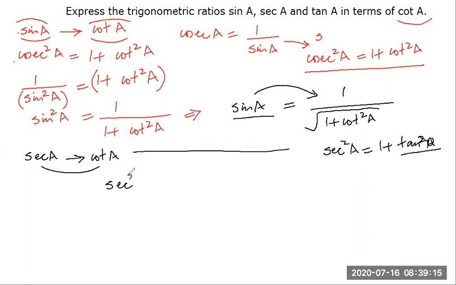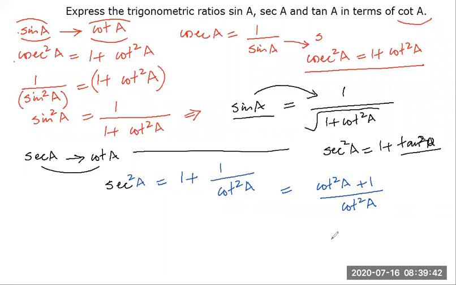Secant square A is equal to, tell me students, 1 plus, instead of tan, I will write its reciprocal. So it will be 1 by cot square A. Very good. So now, students, I can also write it as cot square A plus 1 divided by cot square A. Am I right?